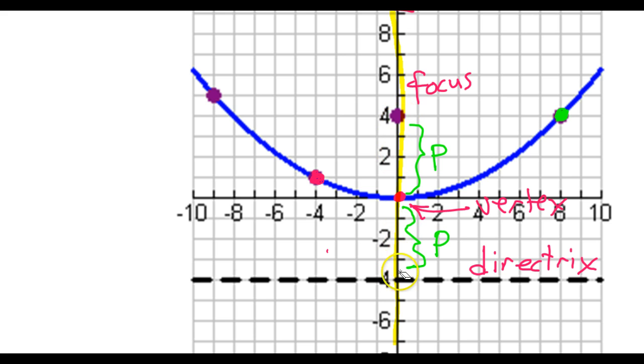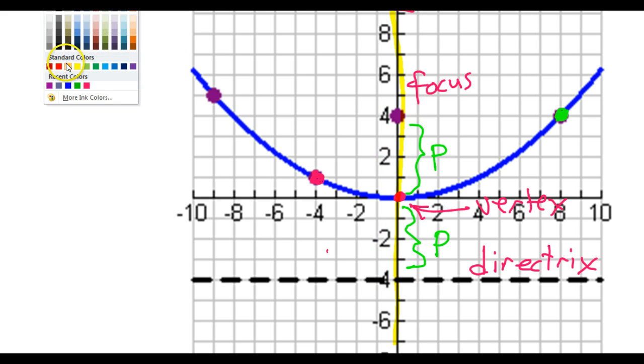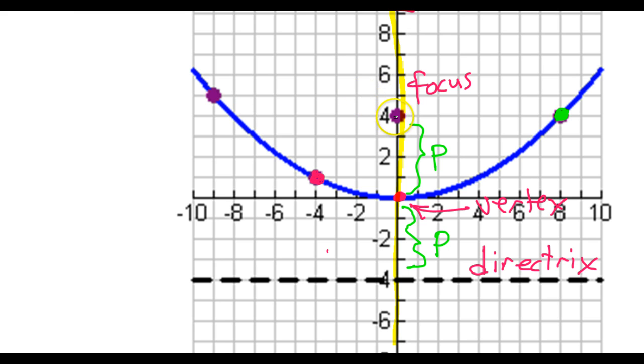But it doesn't have to just be vertical like that. If I measured, for example, this distance right here, from the focus to this point, and if I measured this distance from this point straight down to the directrix, those two distances would be the same. In this case, 5.